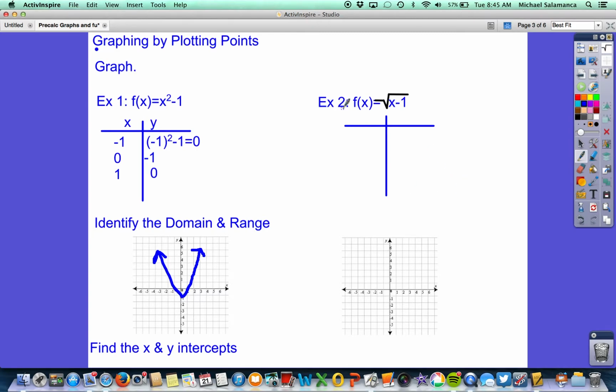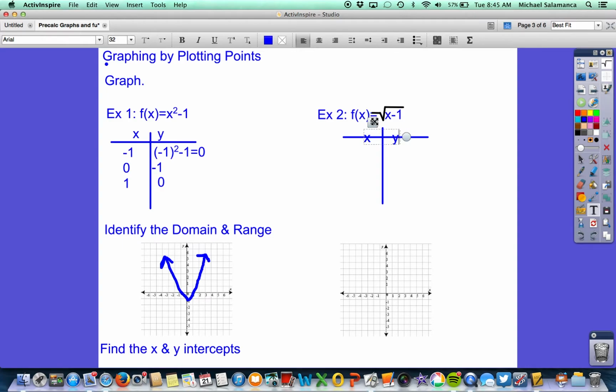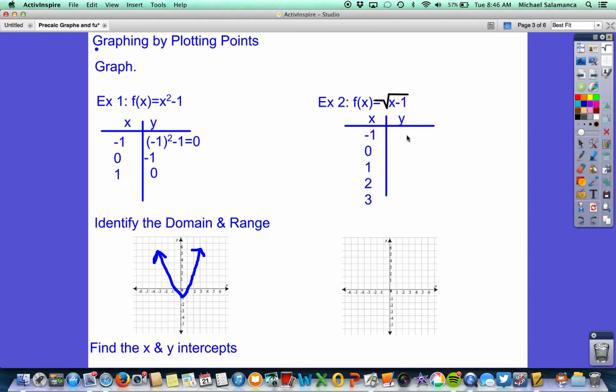In example 2, we're going to do the same exact thing. We're going to make an x and y table. We are going to select some points, so we're going to choose -1, 0, 1, 2, and 3. I picked more points this time, but you'll see why in a little bit.